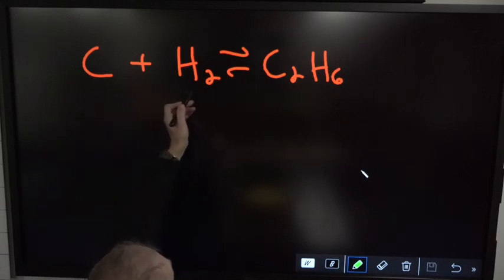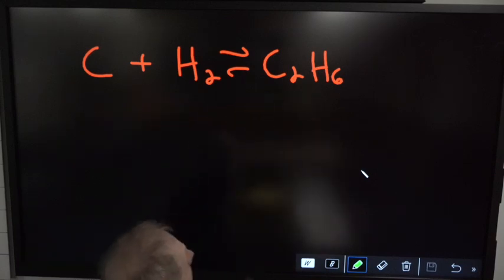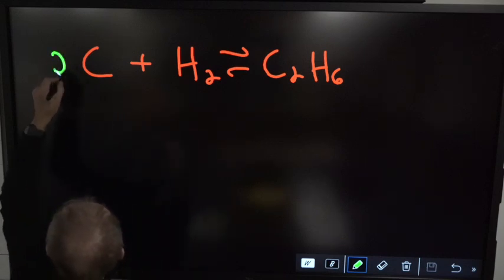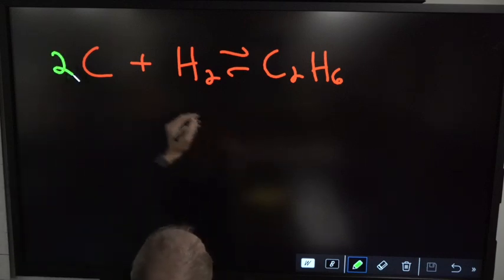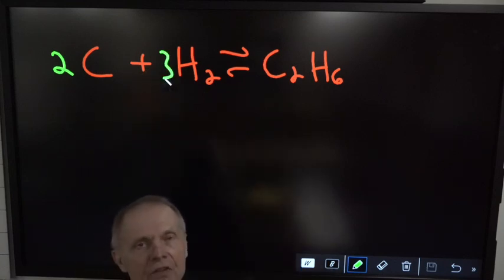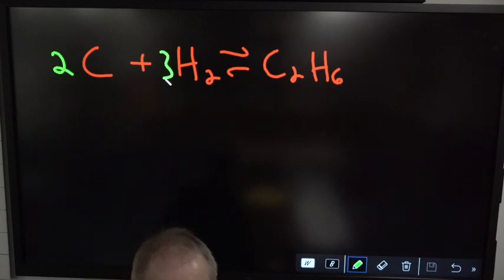Carbon plus hydrogen gas yields C2H6. So obviously that's not balanced. There's 2 carbons. I got to put a 2 here. And there's 6 hydrogens. I have to put a 3 here. Now, as I look at that, the delta H is this.